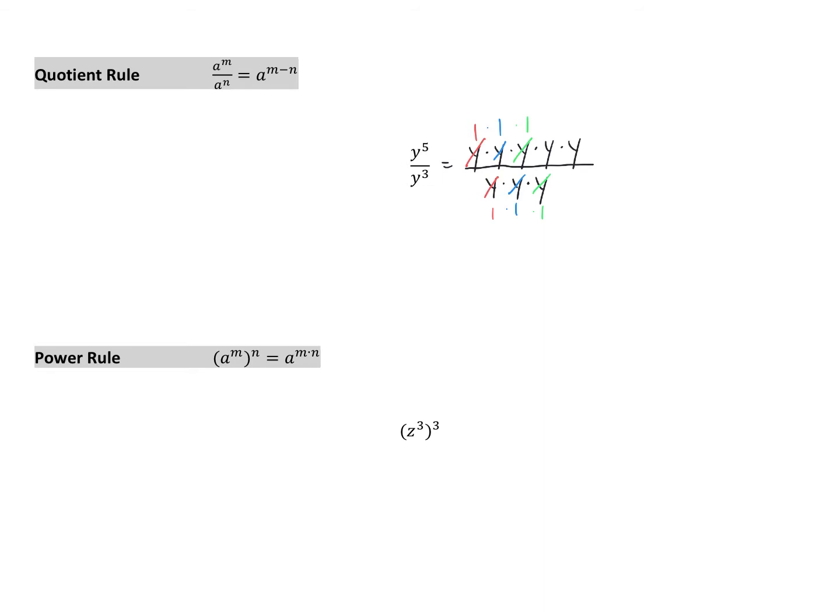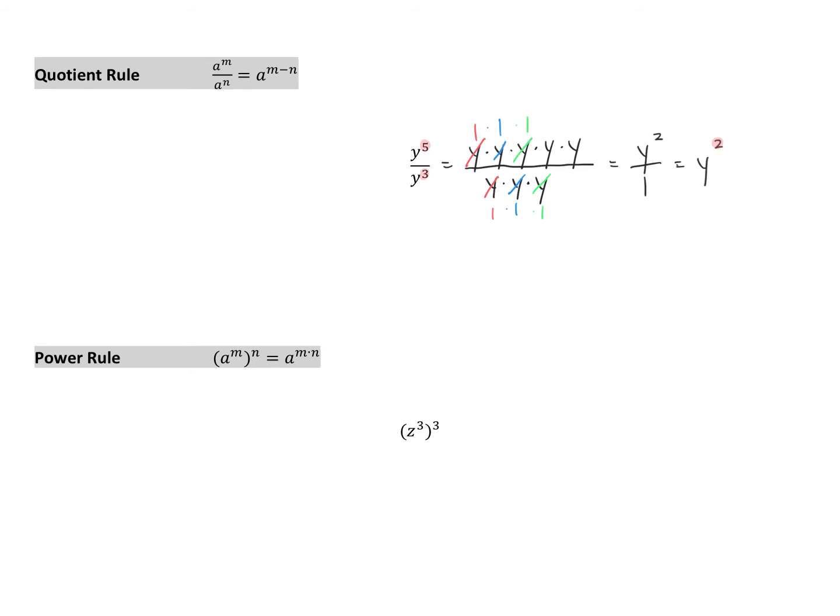And you will see that there are two y's left in the numerator and only one's left in the denominator. And so remember, if you have a fraction with a 1 as the denominator, you can just write it without that, right? Anything divided by 1 is itself. So y squared is the answer. And you will see that your exponents were 5 and 3, and if you do 5 minus 3, you get 2. And that's because there are 3 on the bottom to cancel out with 3 on the top, and that only leaves 2 left.